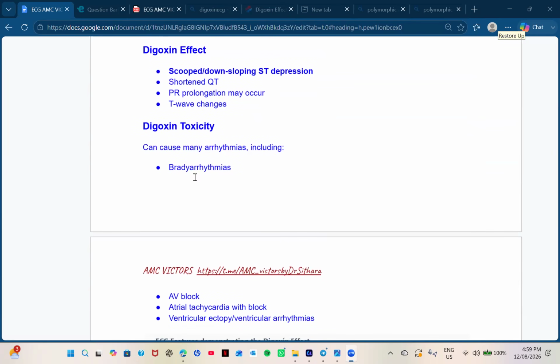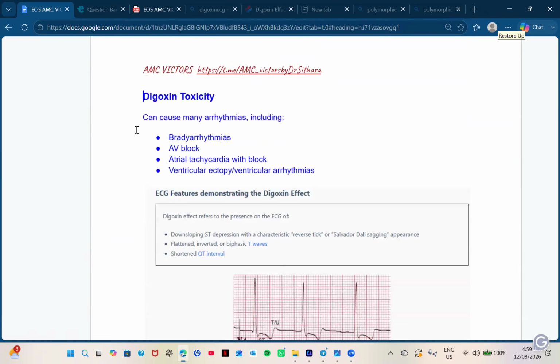But in digoxin toxicity, that means there is an overdose, right doctors? So what features can be associated with digoxin toxicity?